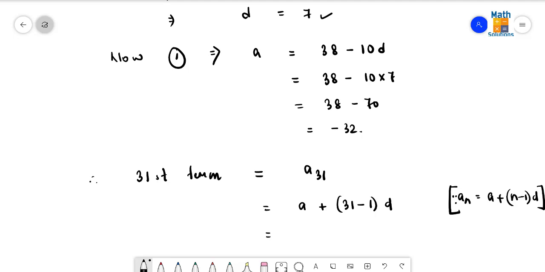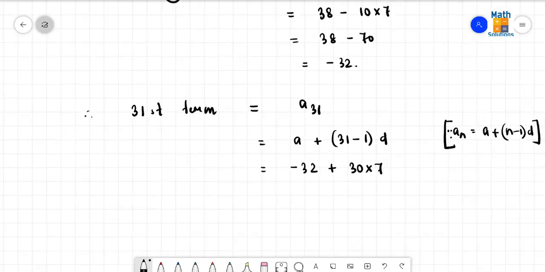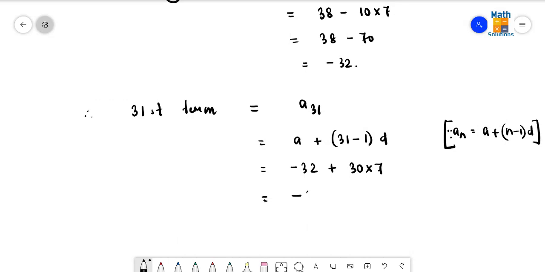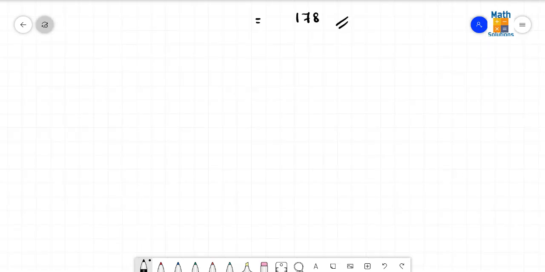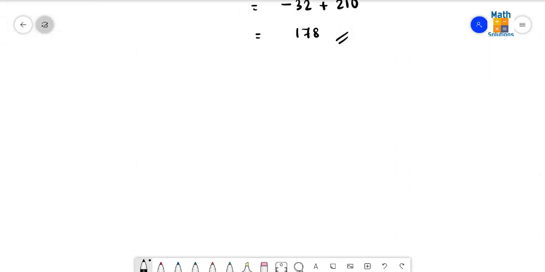After this, the value of a I got as minus 32, plus 30 into the value of d, which is 7. So I can write here minus 32 plus 210, and the answer becomes 178. So the 31st term of the AP is 178. So this is the way we can evaluate these. Coming to the next question.